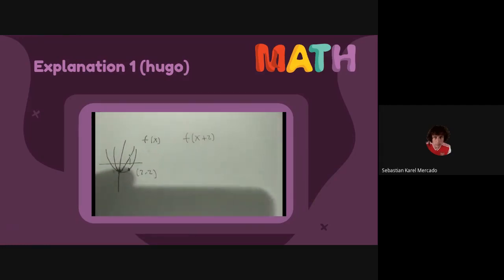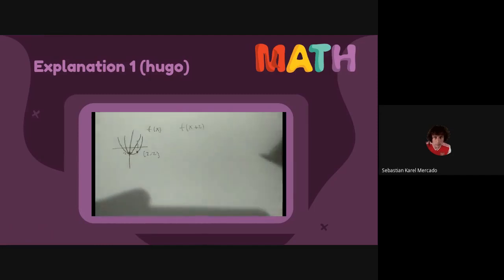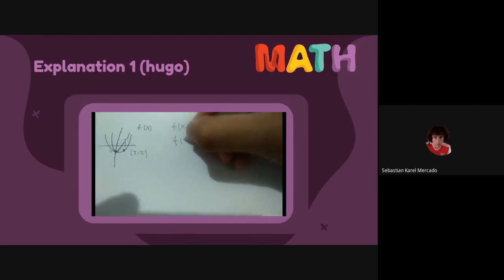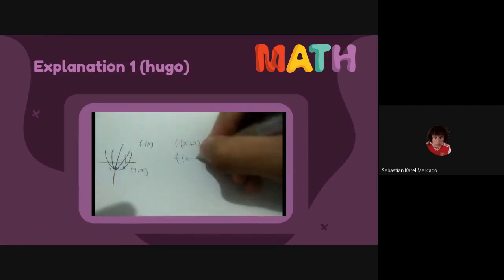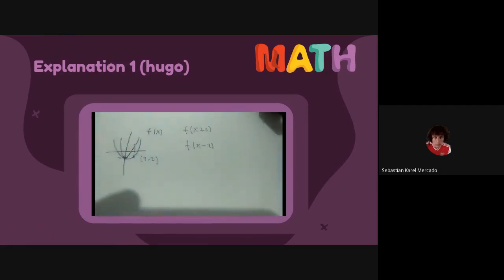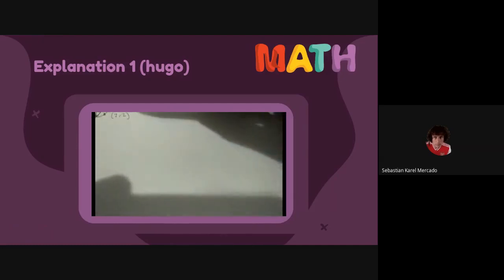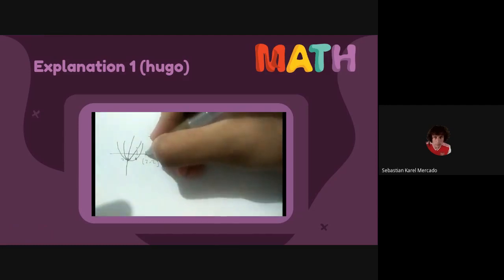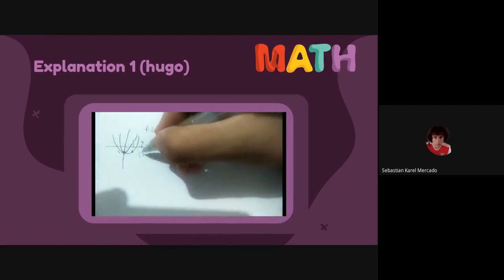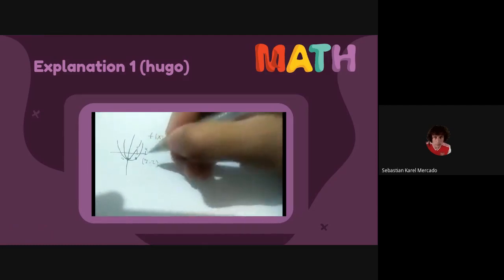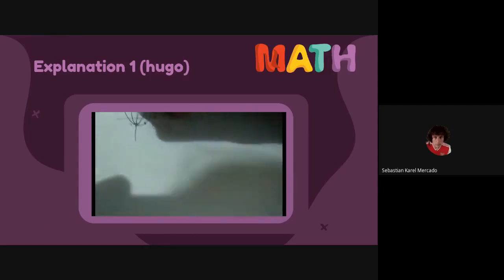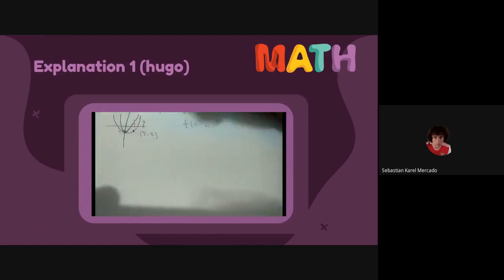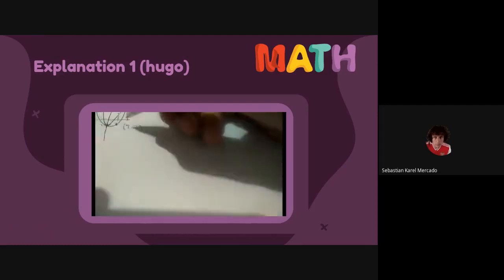Here I'm going to make another example: what if f(x - 2)? In the graph you will plus it by 2. Just think that this is 4, so it will be right here, and this is f(x). This is f(x + 2), so it will be right here.